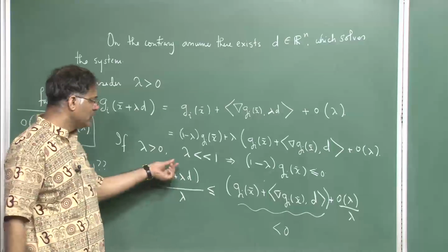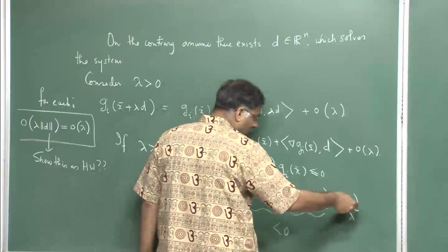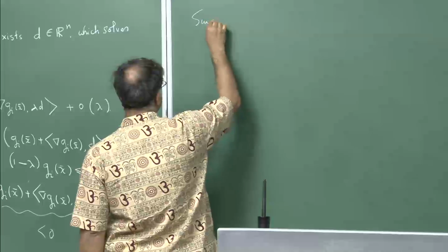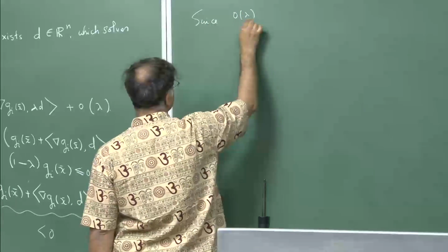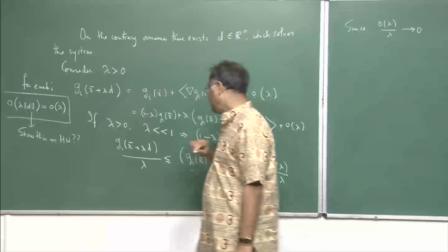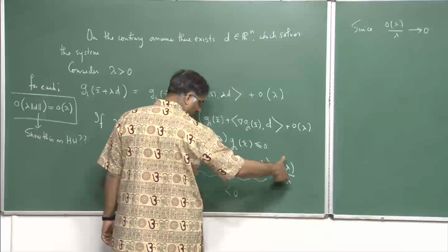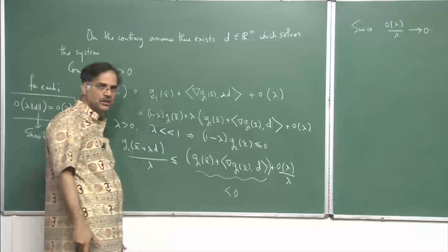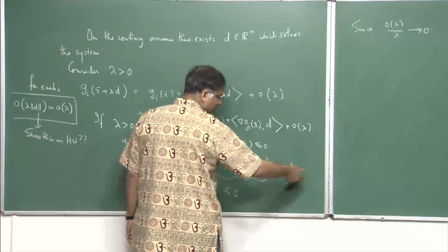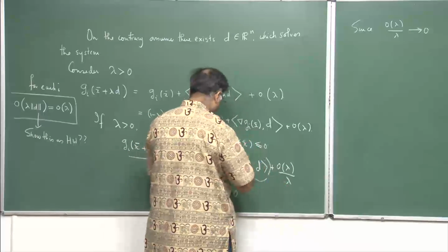Now, I can choose lambda as small as I like. Since o of lambda by lambda is going to 0, as I choose lambda smaller and smaller, this quantity vanishes, it comes towards 0. Of course, this quantity could be negative or positive, approaching from either side, but it is in a neighborhood of 0.